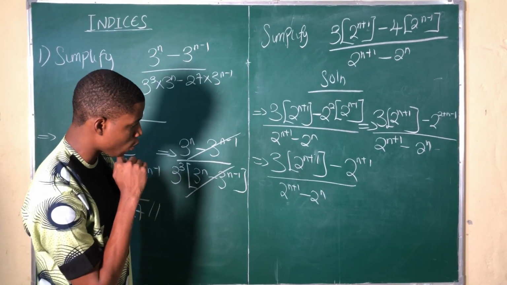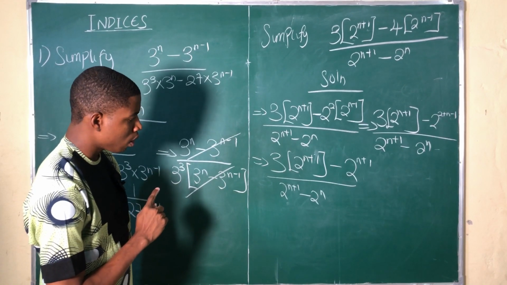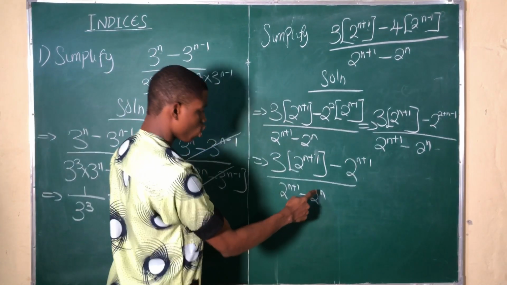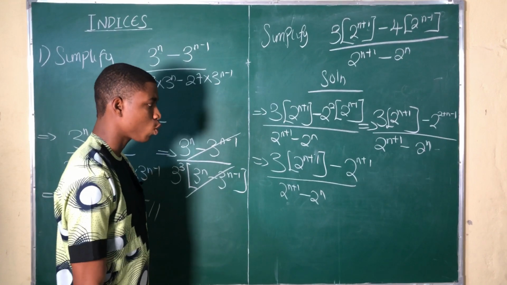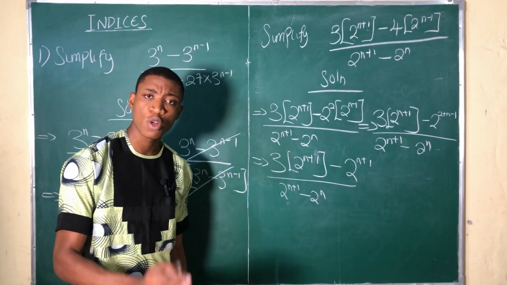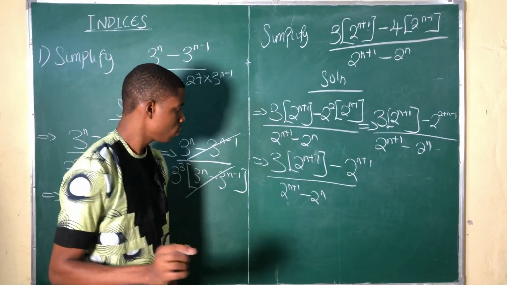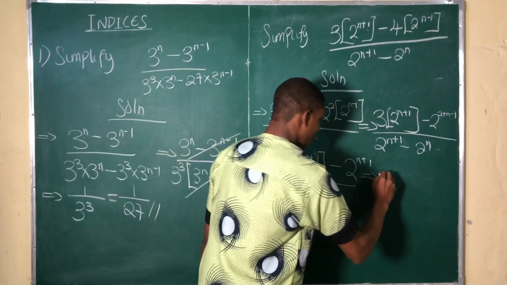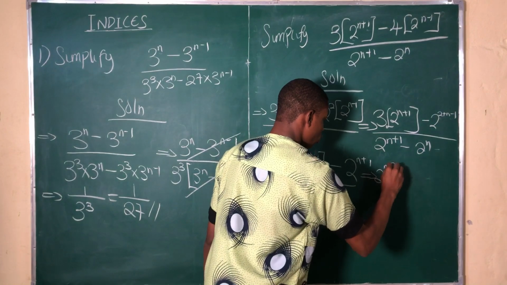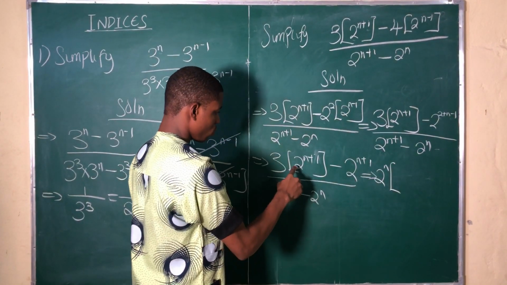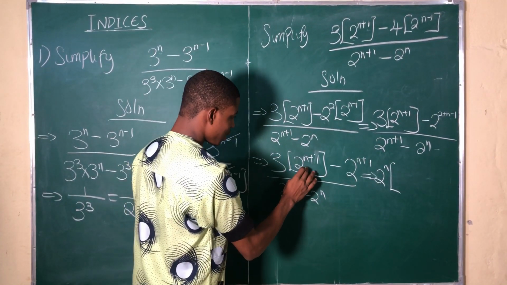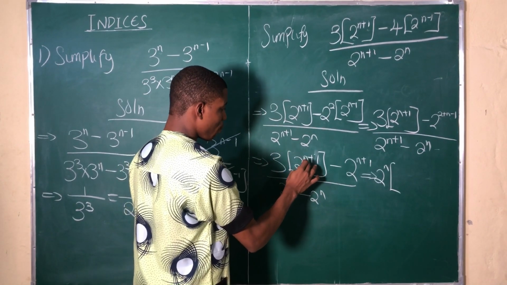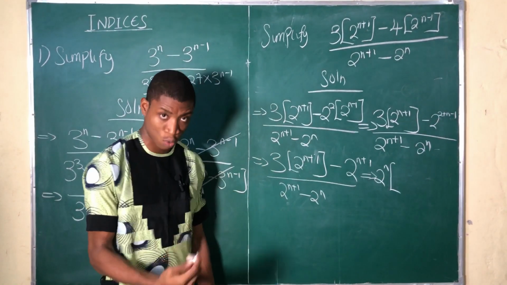So what is our step here? We have to improvise this now. What is common to both sides is 2 raised to power n, right? 2 raised to power n is common to both sides. So we're going to factor only 2 raised to power n out. You're left with, of course, 2^(n+1) written as 2^n multiplied by 2.